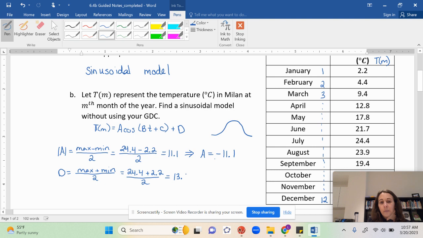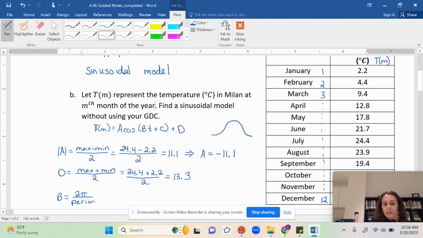13.3. Okay, next is the period. In order to find B, I'm going to need to know the period first, because remember the formula, I think we have B equals 2 pi over period. So that is our formula, 2 pi over period.